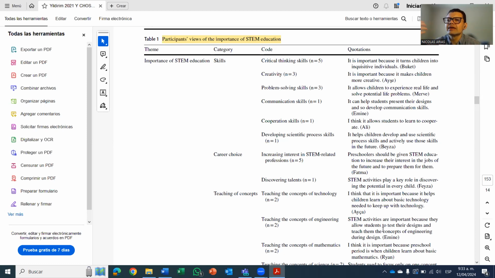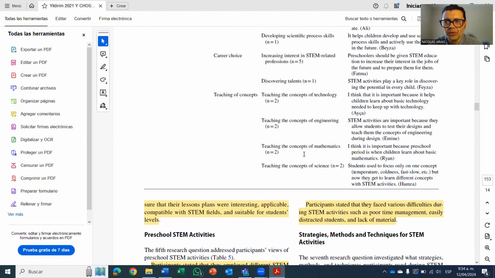There are weights showing how present they are in the whole set of the data, and some quotations that illustrate that particular code. So the process, as I said, is very straightforward and clear.